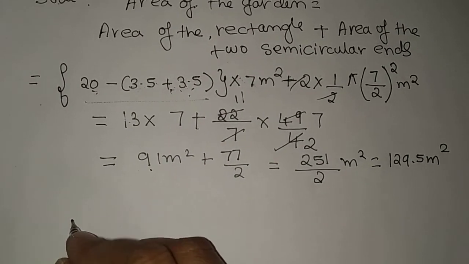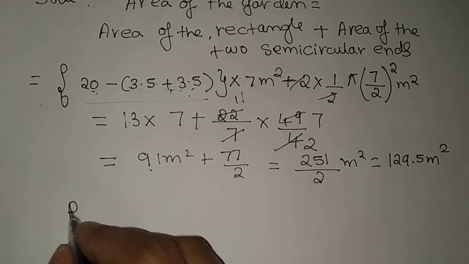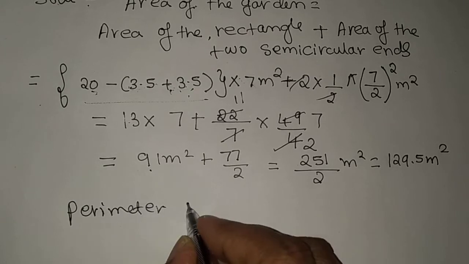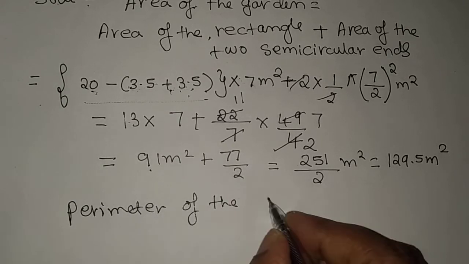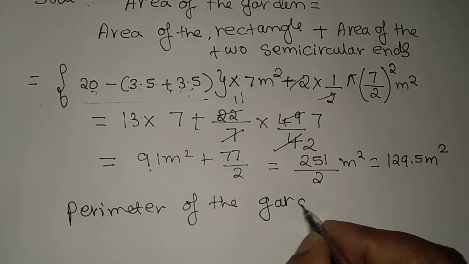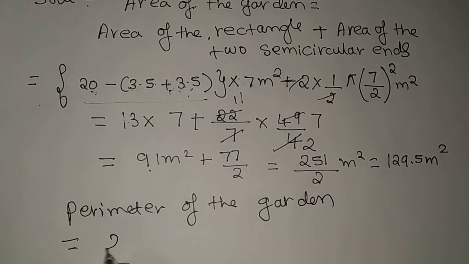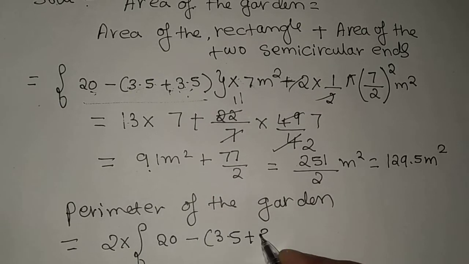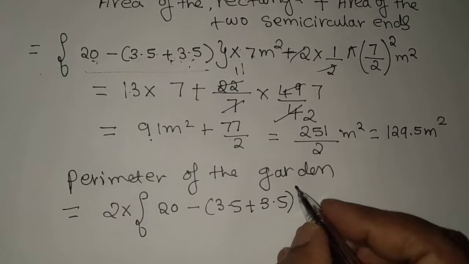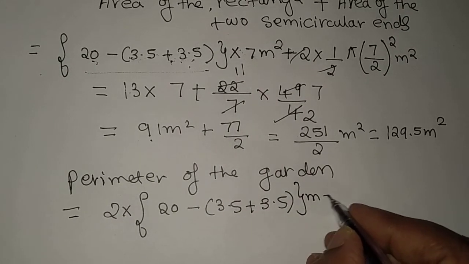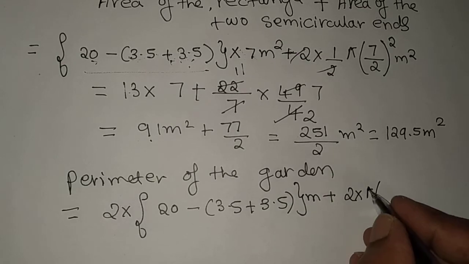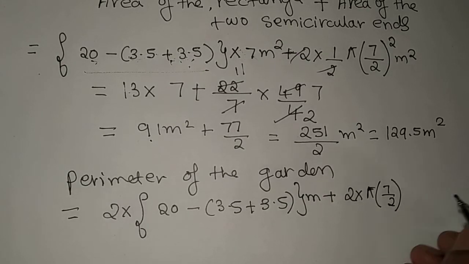Next, the perimeter of the garden. One more they have asked, that is perimeter of the garden. Perimeter of the garden is equal to 2 into 20 minus 3.5 plus 3.5, in m, plus 2 into pi into r, that is the radius of the semicircle.